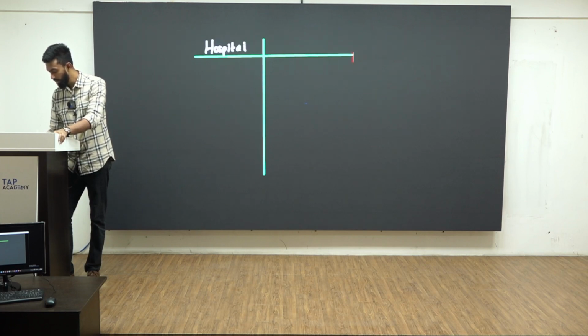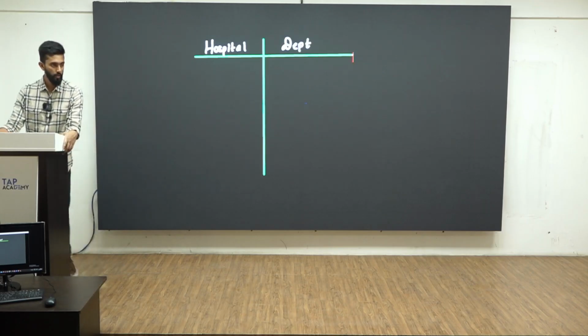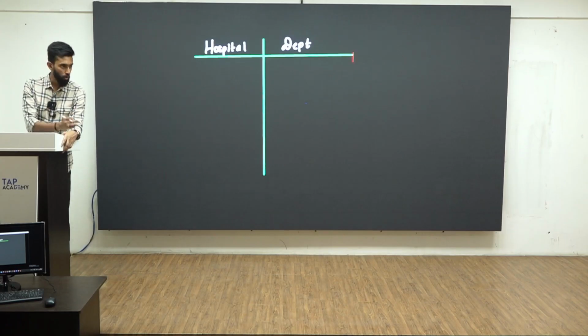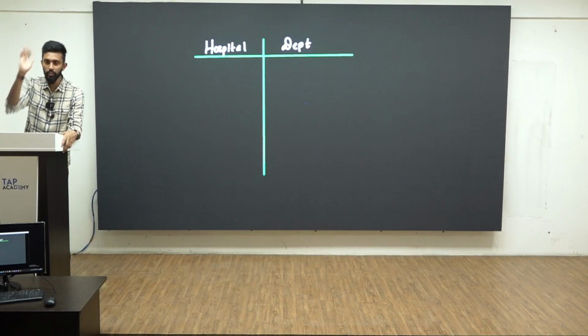On one more side, I'll call it departments. Yes? Let us assume the scenario is you need to store the number of doctors in each department in the hospital. Okay? And you know the number of doctors, 5 doctors, 10 doctors, 20 doctors, are integers only.